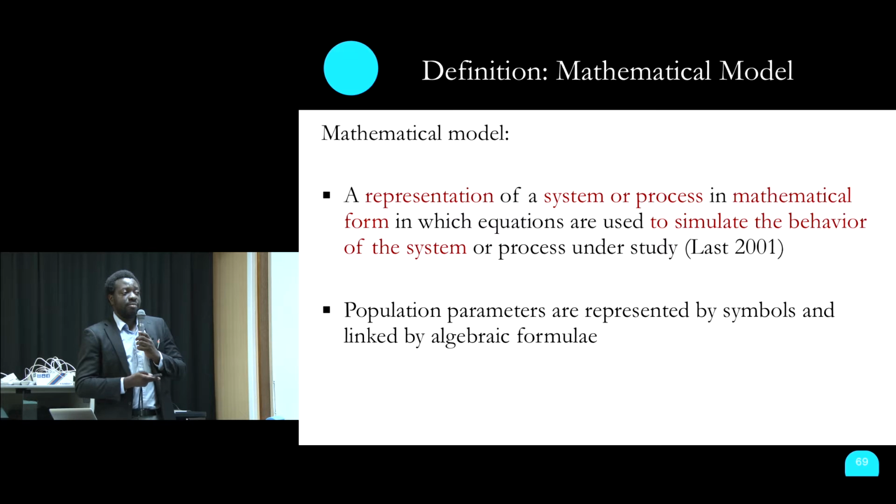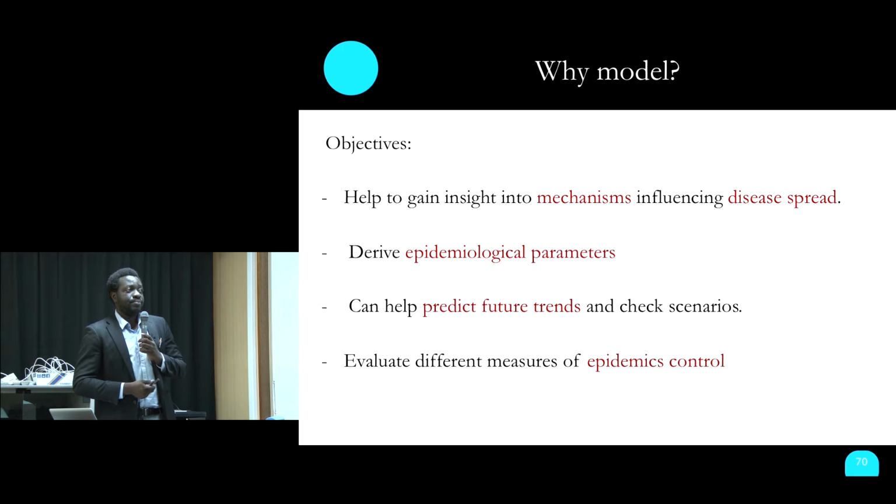In mathematical modeling, we use population parameters in the form of symbols, and there is a relationship between the different components in the system using algebraic formulas. Why do we use models?